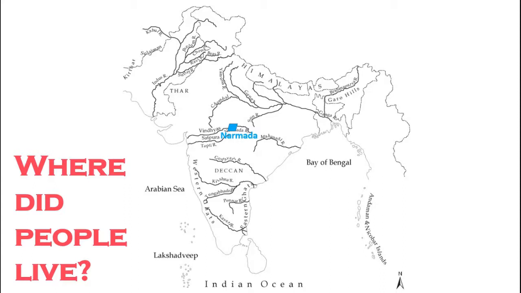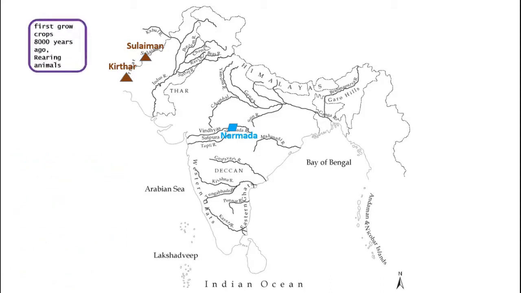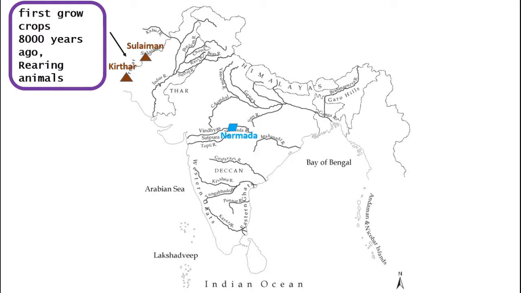Next you see Suleiman and Kirthar hills. These are the places where people first started growing crops like wheat and barley. They started growing crops here and started domesticating animals around 8,000 years ago.